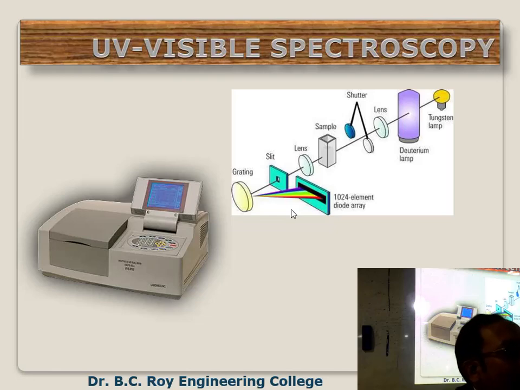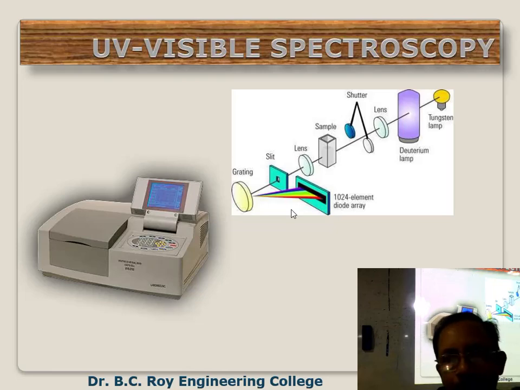So, different types of radiation you are passing through the matter, and the study of the interaction between the radiation and matter is called spectroscopy. Is the thing simple to you now? Spectroscopy means interaction between the matter and radiation and their analysis. Now, ultraviolet spectroscopy will start.